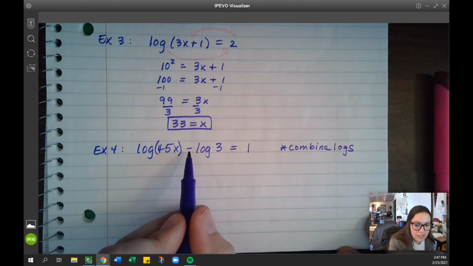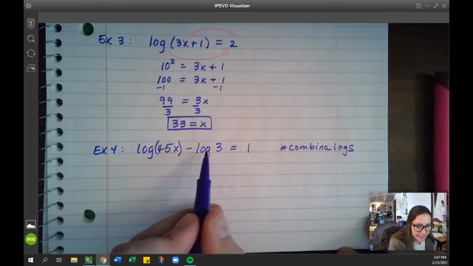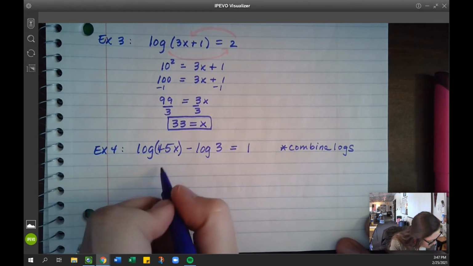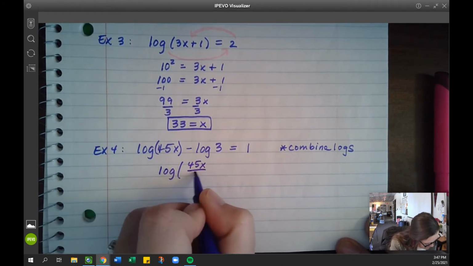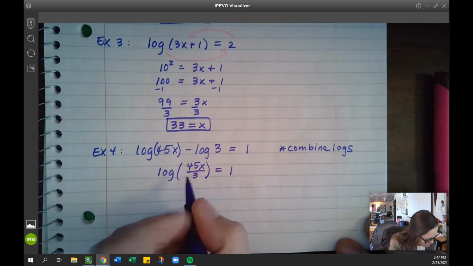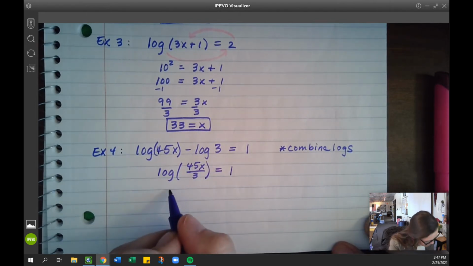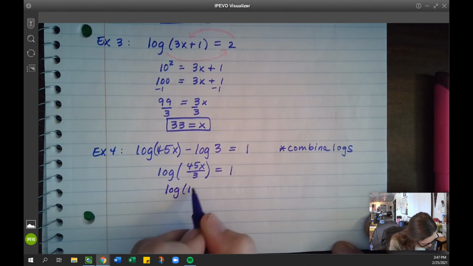So when I subtract logs, I divide what we're taking the log of. So this is going to become the log of 45x divided by 3. And 45 divided by 3 is 15.